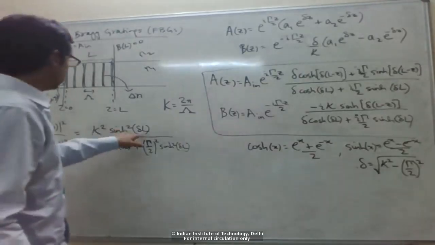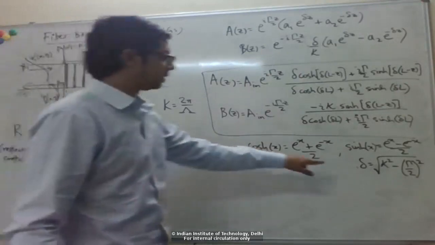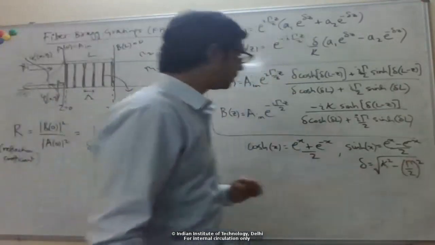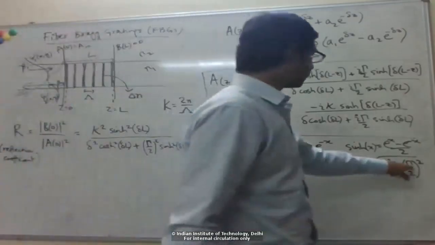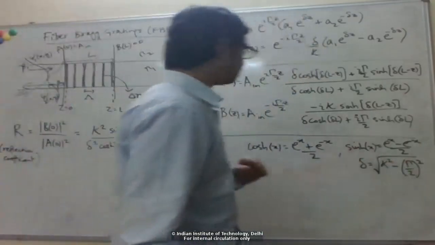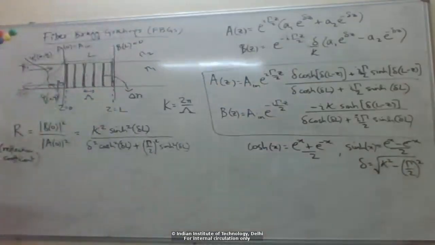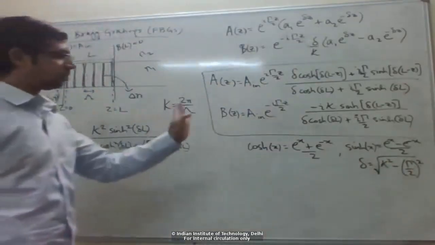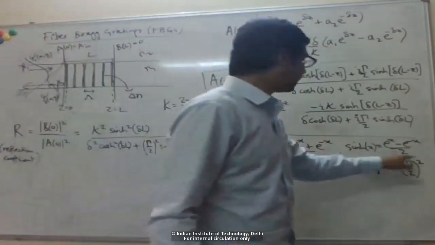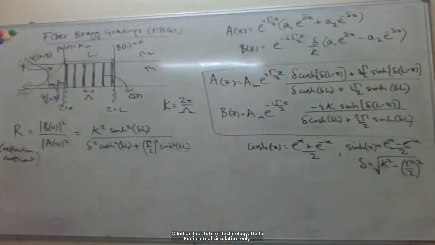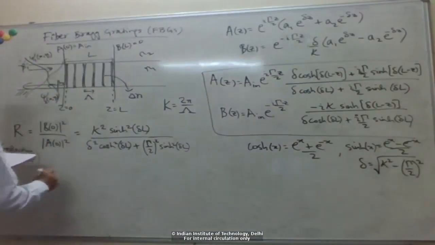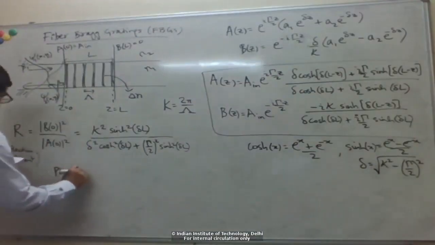Of course it depends on this delta, which is how far you are away from the Bragg condition. At the Bragg condition, gamma is 0 and delta is equal to kappa. As you go away from the Bragg condition, gamma increases and the value of delta goes down. Okay, so we can look at the phase matching condition, which is the Bragg condition.